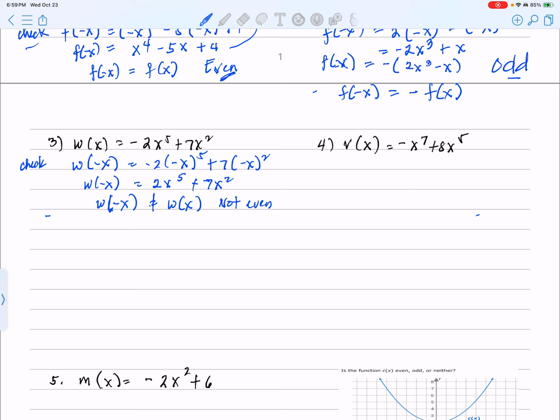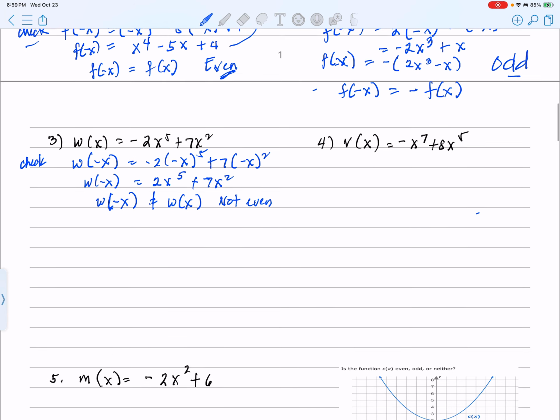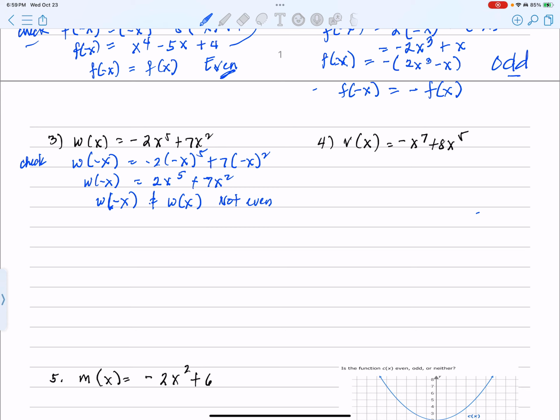Let's check if it's odd. In the odd, what's the condition? The w of negative x should be equal to the opposite of the function. So let's start with the opposite of the function w of x. I would say a negative, I'm making it a negative right away, of negative 2x to the fifth plus 7x squared. I'm trying to check if they will be equal.